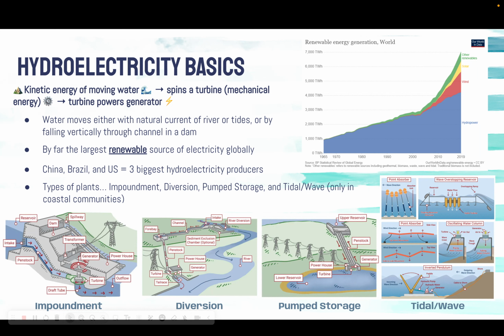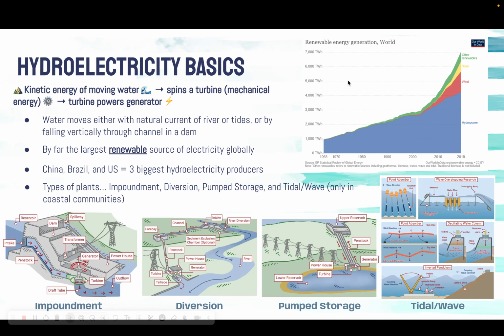But as we saw in some past notes, we're still not using it enough that we can replace using fossil fuels at this point. So the three largest hydroelectricity producers are China, Brazil, and the US. And like I said, we have lots of these different types of plants, but I only gave this to you for knowledge sake. You don't actually have to know these for the AP test.